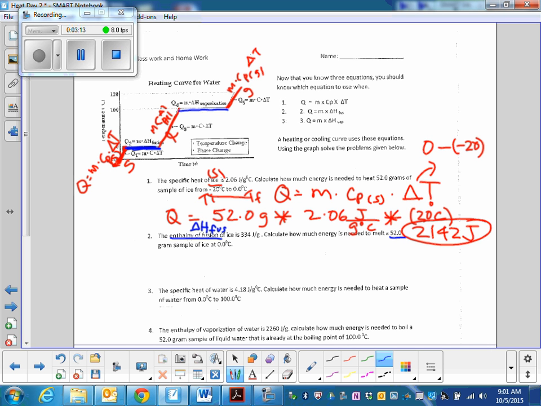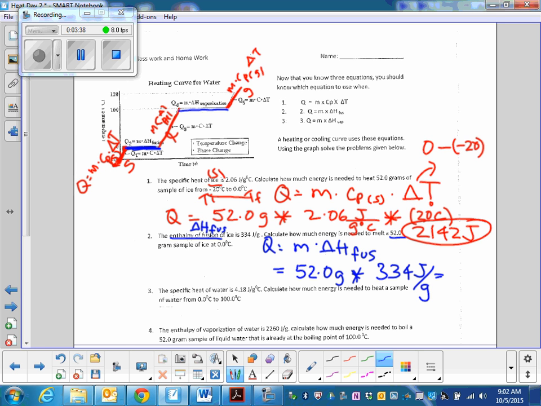What is it, Keith? The first one. Very good. Q equals M times heat of fusion. That's equal to 52.0 grams times 334 joules over gram. Is that right?